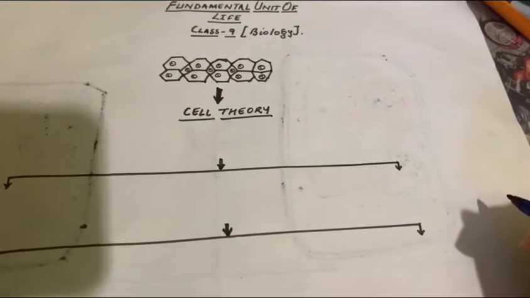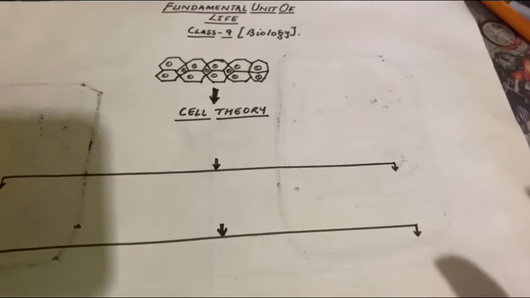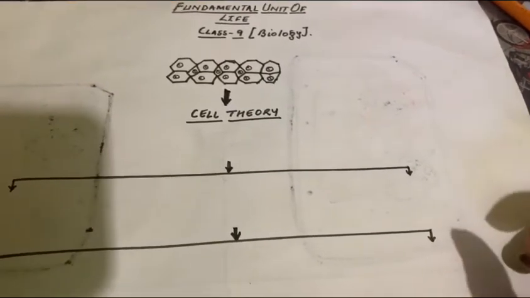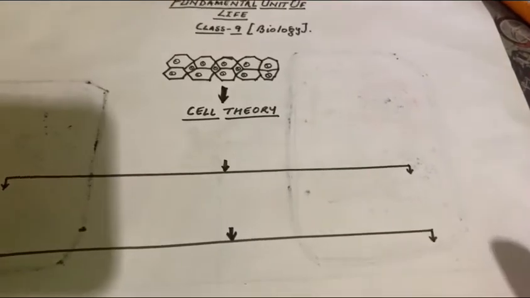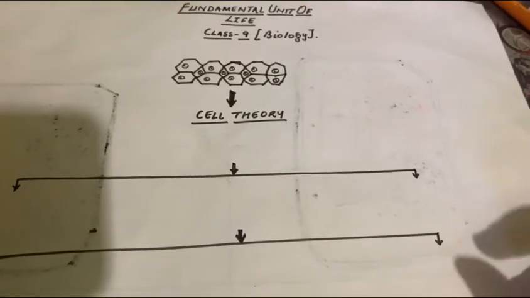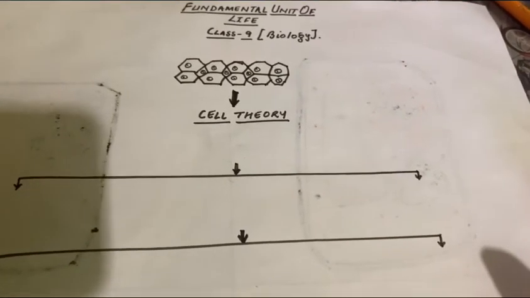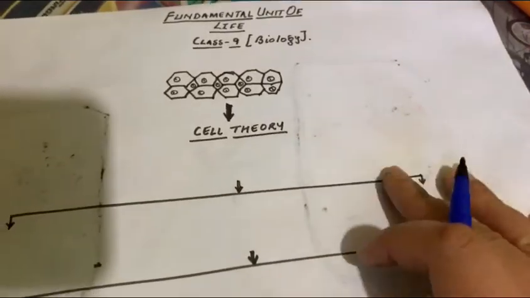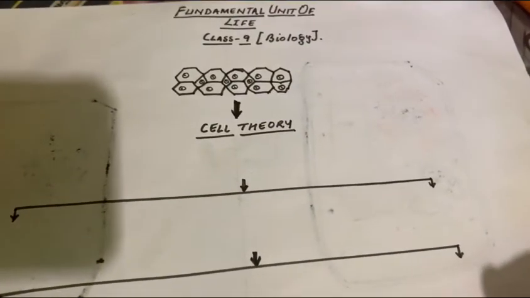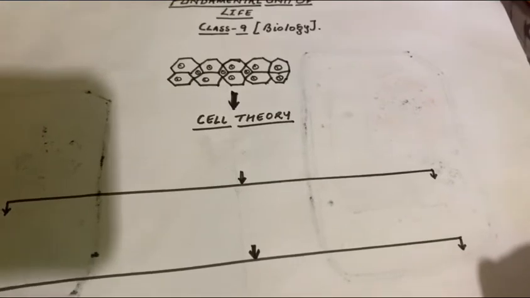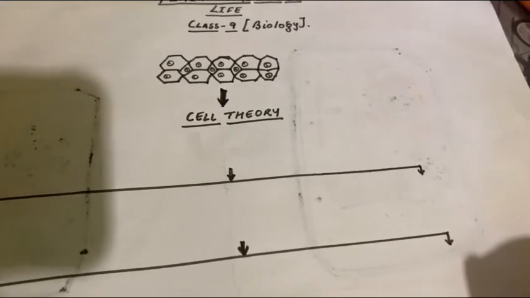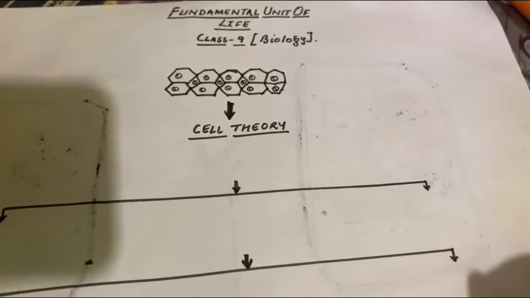With the help of many bricks, a big building is established. Similarly, our body is created by many building blocks which we call cells. Cells are actually the fundamental unit of life, which we call the structural and functional unit.